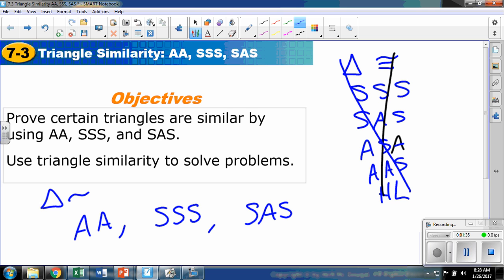To avoid some potential confusion, because we had side-side-side and side-angle-side earlier with congruence, these are a different one. The conditions will be different. And so to distinguish between them, we will say side-angle-side similarity when we write down and reference this one, side-side-side similarity, and angle-angle similarity. That way we can reduce the confusion as to do we mean congruent or similar.